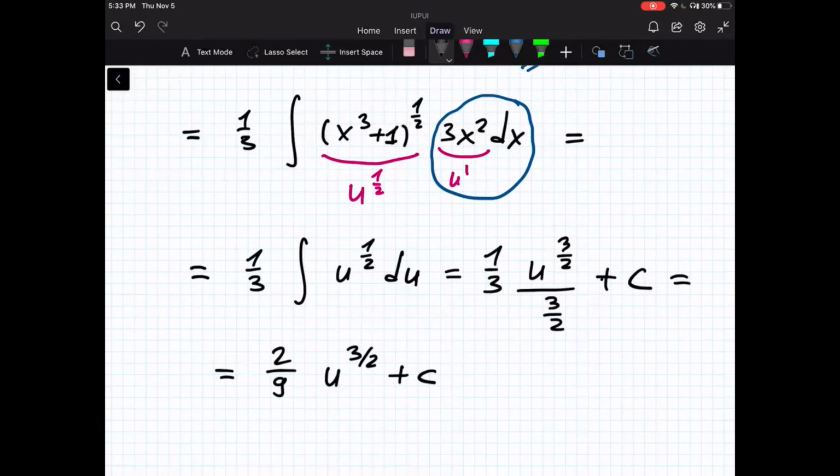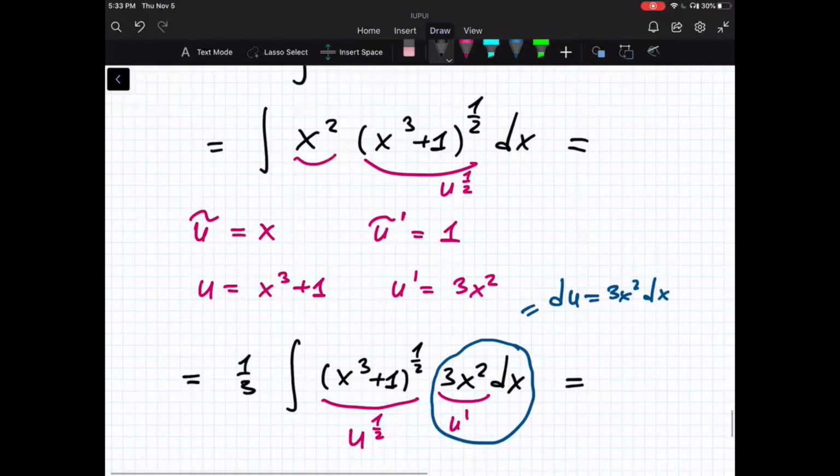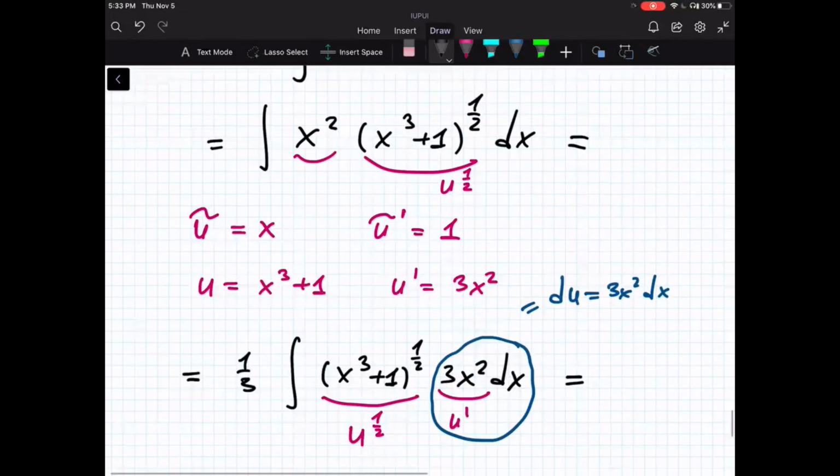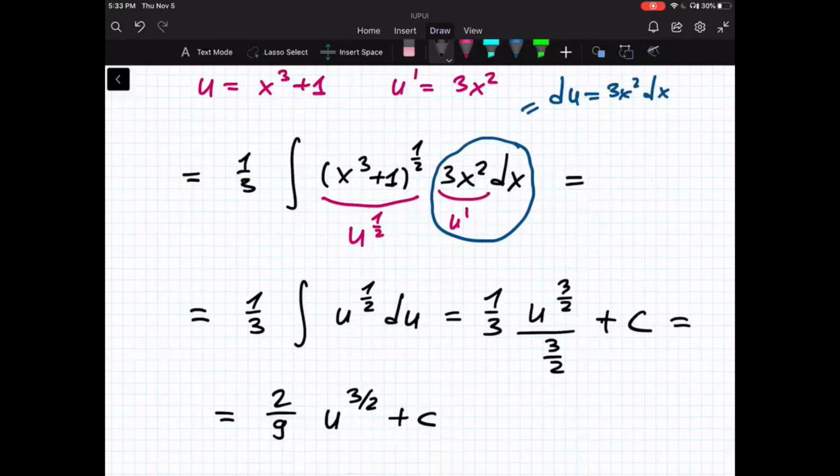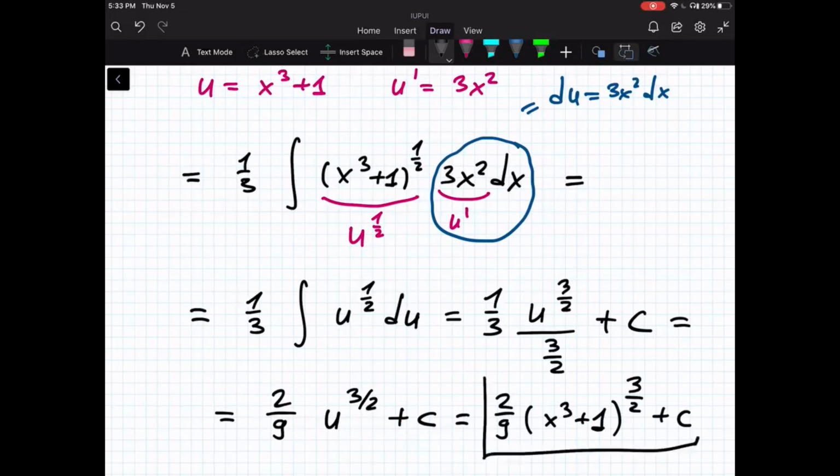But this is not the final answer, because my initial integral was in terms of x. So my final answer should also be in terms of x. So I need to substitute back. And so I got 2 over 9 times u, which is x cubed plus 1, to the power 3/2 plus constant. And this is my final answer.